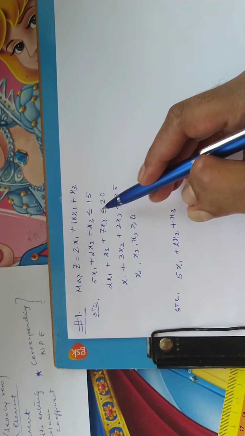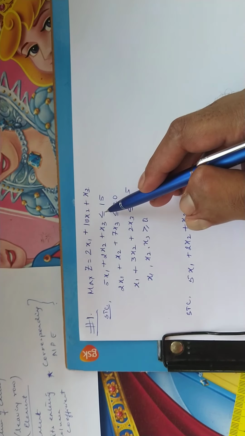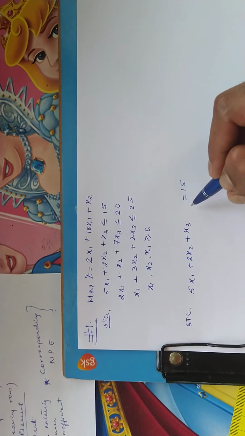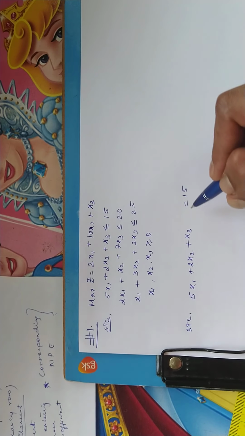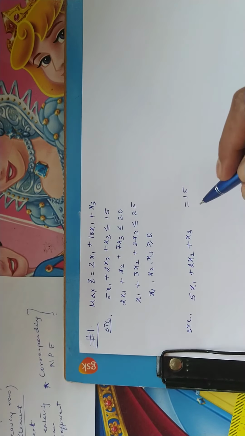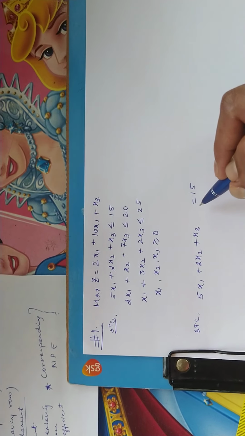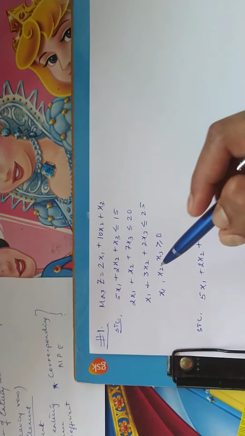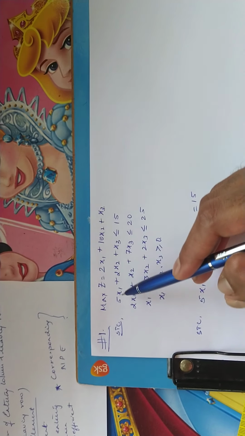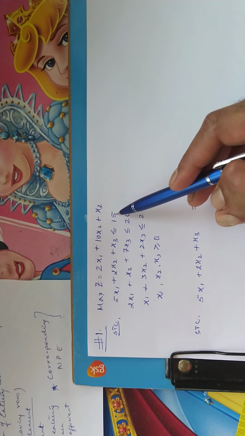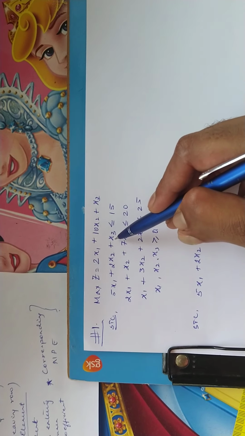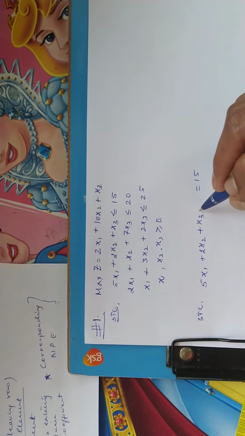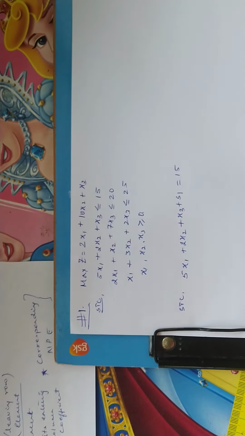Here, the variable I am supposed to use to make the LHS equal to the RHS is a slack variable. The reason is the inequality given is less than or equal to, so the LHS is already less than 15, and I am supposed to add something to the LHS to make it equal to 15. Therefore I am going to add S1 here.